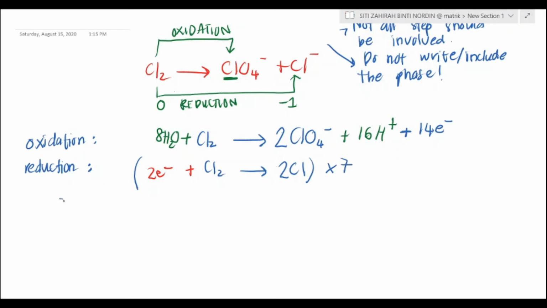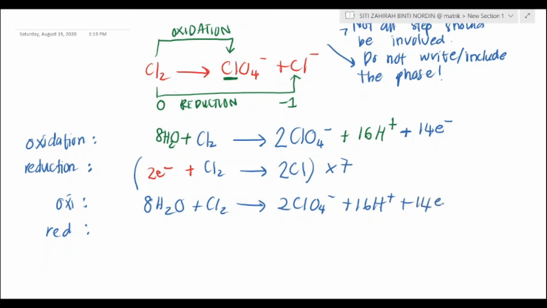So write the new half equation: 8H2O plus Cl2 to form 2ClO4 minus plus 16H plus plus 14 electrons. Your reduction would be 14 electrons plus 7Cl2 to form 14Cl minus, sorry, I left the negative sign for Cl.